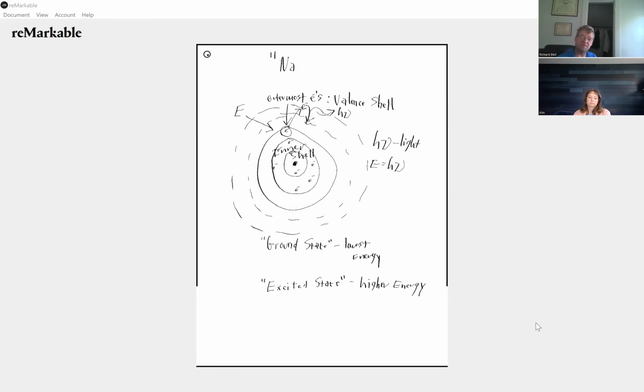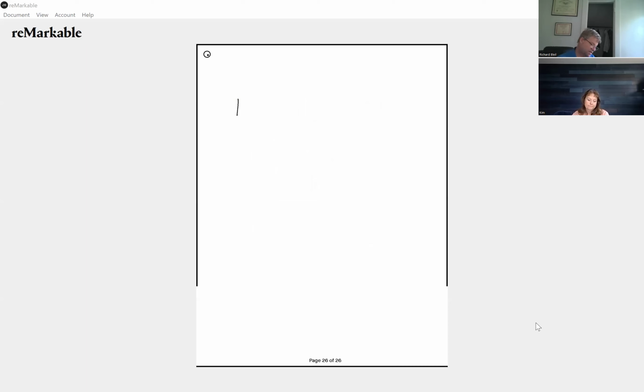Okay, does that kind of make some sense to you? Mm-hmm. A little bit. So let's look at sodium. Just redrawing it here.